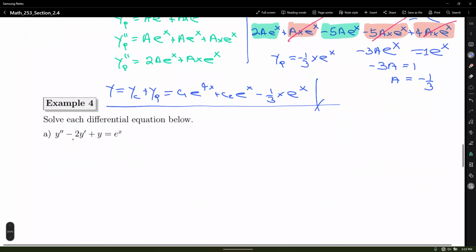So y double prime minus 2y prime plus y has characteristic equation m squared minus 2m plus 1 equals 0. This factors to (m minus 1) times (m minus 1), which means m equals 1, repeated.